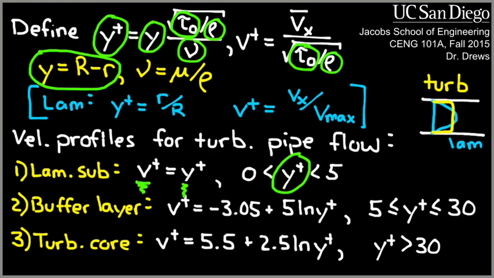If I put a 0 in here, I will get a 0 over here as well. That implies that this y plus is also 0. So I am in the laminar sublayer. If I'm in the laminar sublayer, then I know that v plus is equal to y plus. And so if I substitute that in, vx bar will be equal to v plus times square root of tau naught over rho.